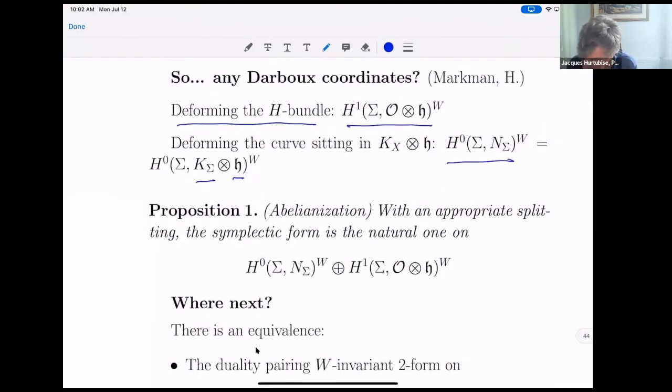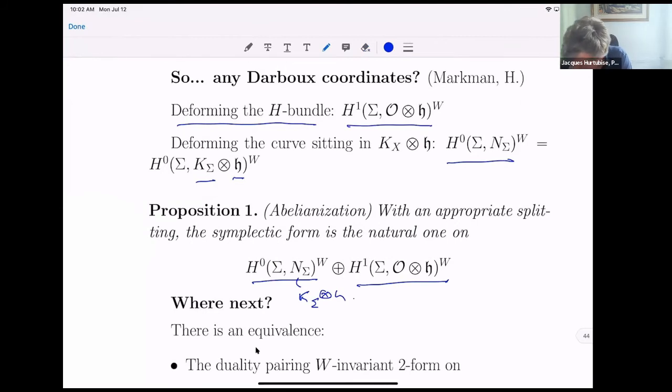Remember, you're getting here the canonical bundle. And so it's basically the Serre duality pairing, jazzed up with the Killing form.